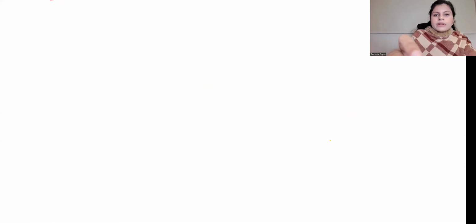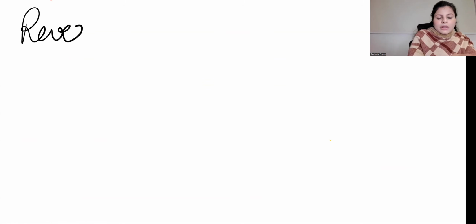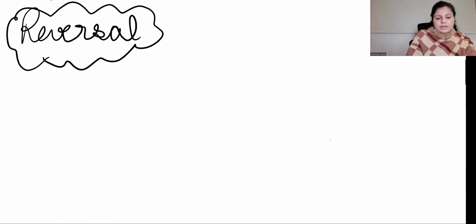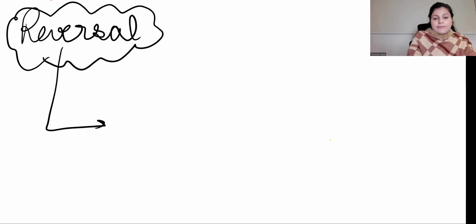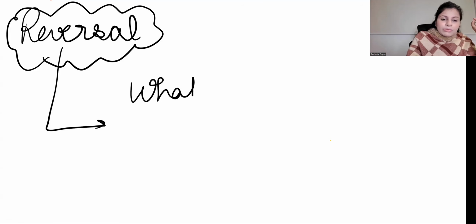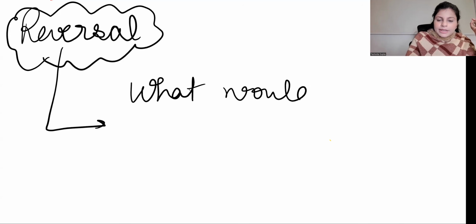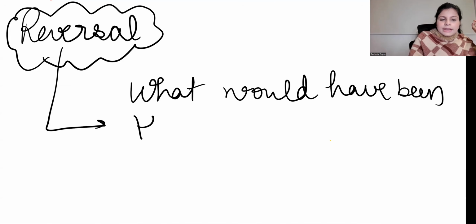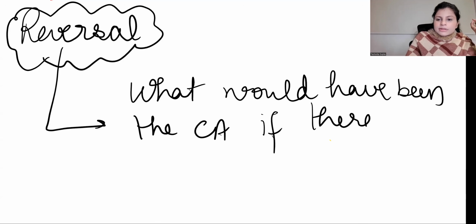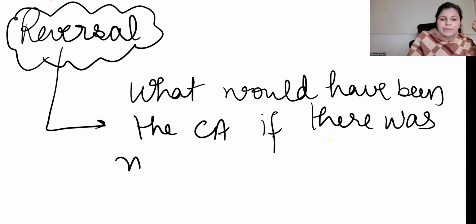How do you account for reversal of impairment? You can only reverse the impairment up to the extent of what would have been the carrying amount if there was no impairment.